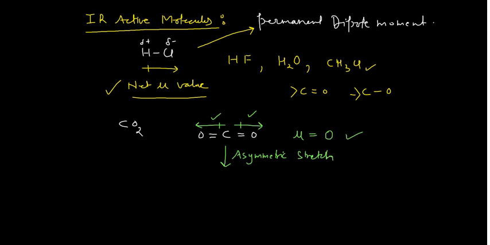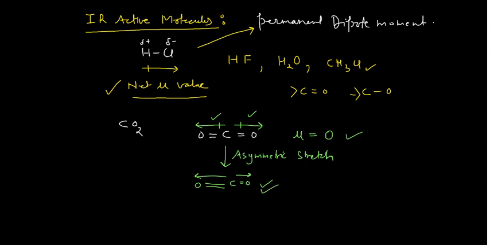So what is the asymmetric stretch? For example, this bond is compressing like that, and this bond is stretching like that. So what will happen? This will go in that direction, this will go in that direction. So somehow this molecule will have a net dipole moment value.